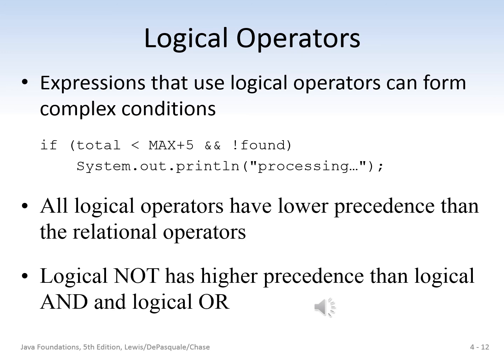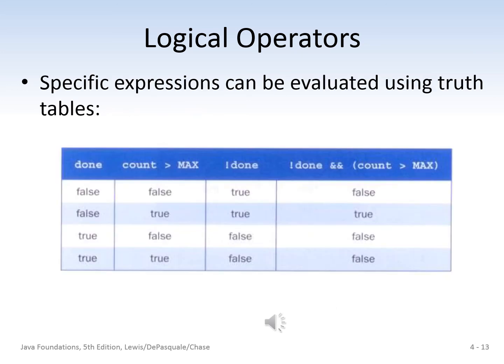You should know all logical operators have lower precedence than the relational operators, and not has a higher precedence than and or. And as always, we can use truth tables to evaluate specific expressions that use logical operators. And here's a typical example.